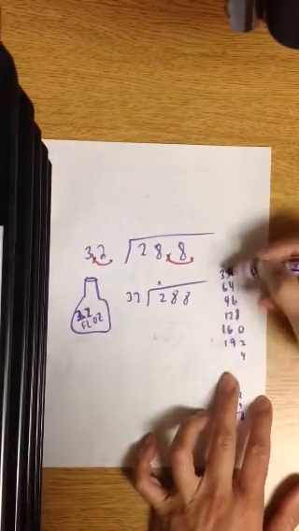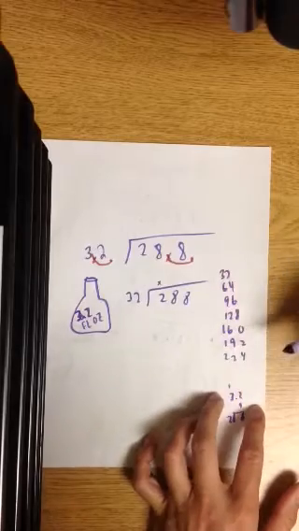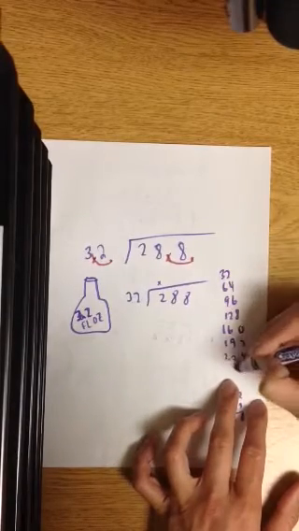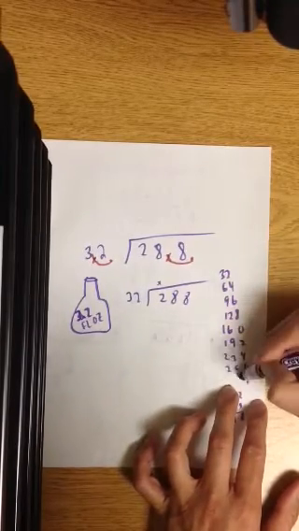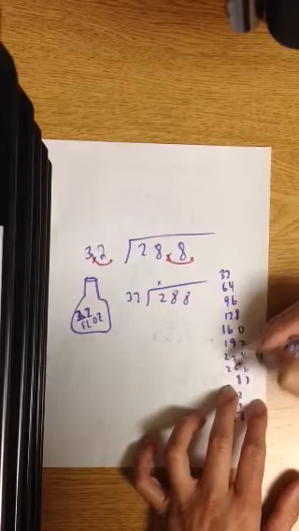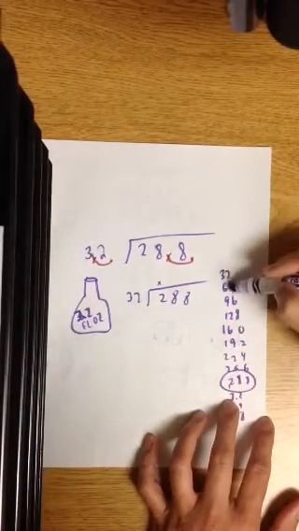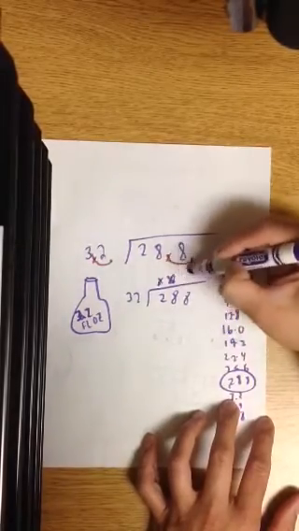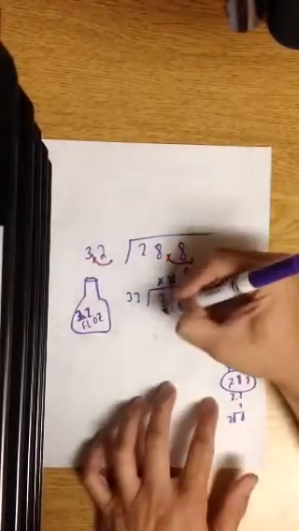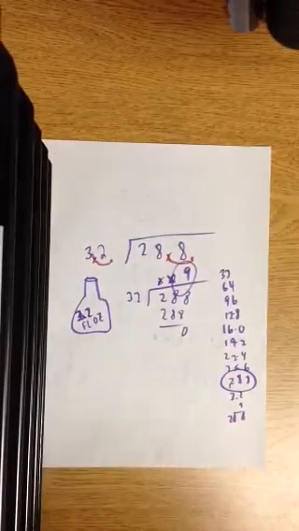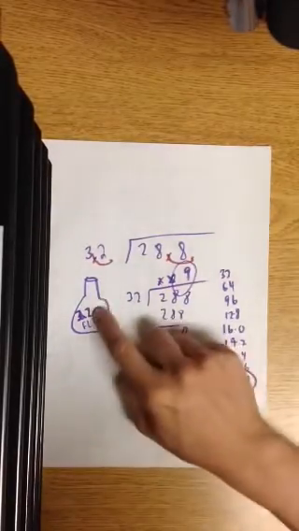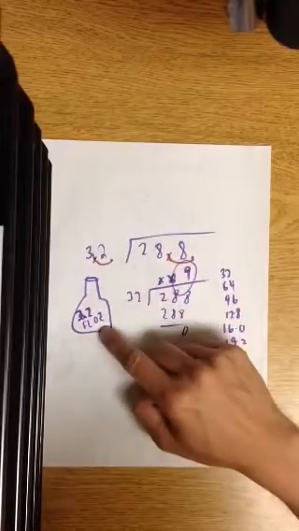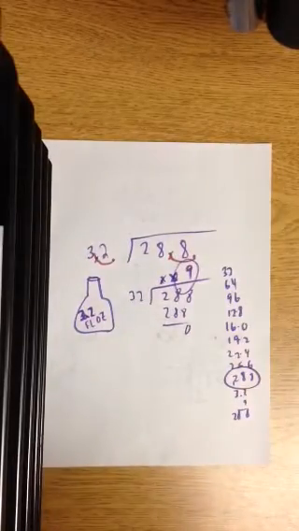So if I keep on doing my pattern, 224, 256. Oh, it's right here. 1, 2, 3, 4, 5, 6, 7, 8, 9. So 9, 288, no remainder. 9 bottles of 3.2 fluid ounces make a total of that.